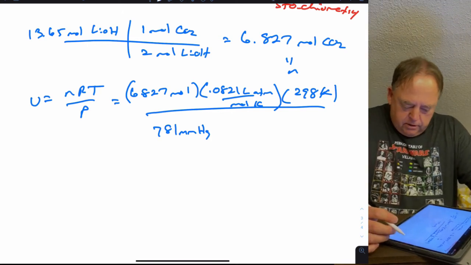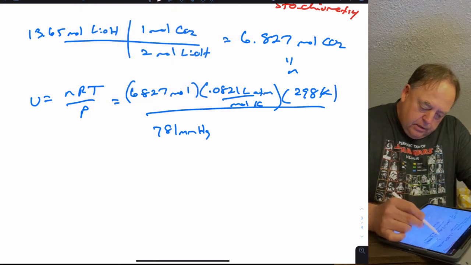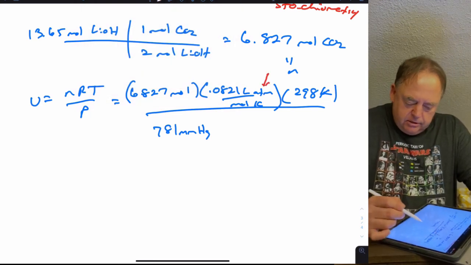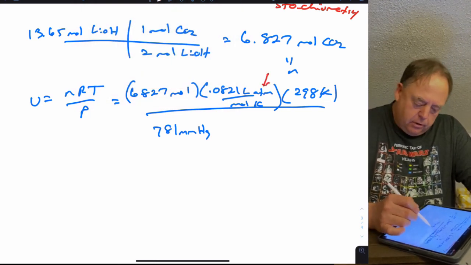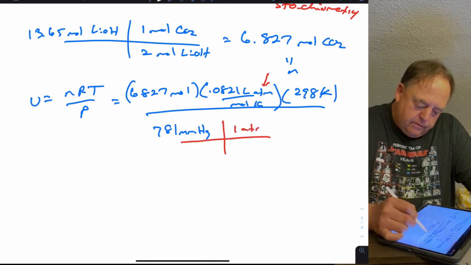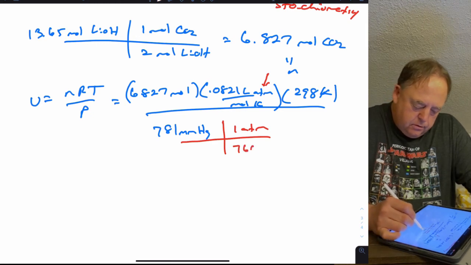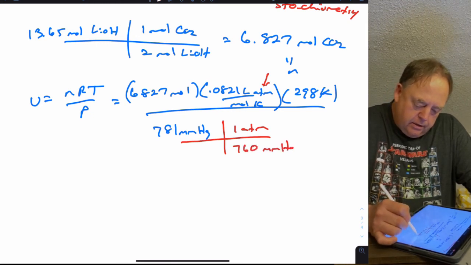And then we had to do a little bit more work, because if you notice, in the ideal gas constant, pressure is given in atmospheres, but here it's in millimeters of mercury, so I need to convert to a common unit. So 1 atmosphere, so you'd have to be given the conversion factors and then know how to use them.